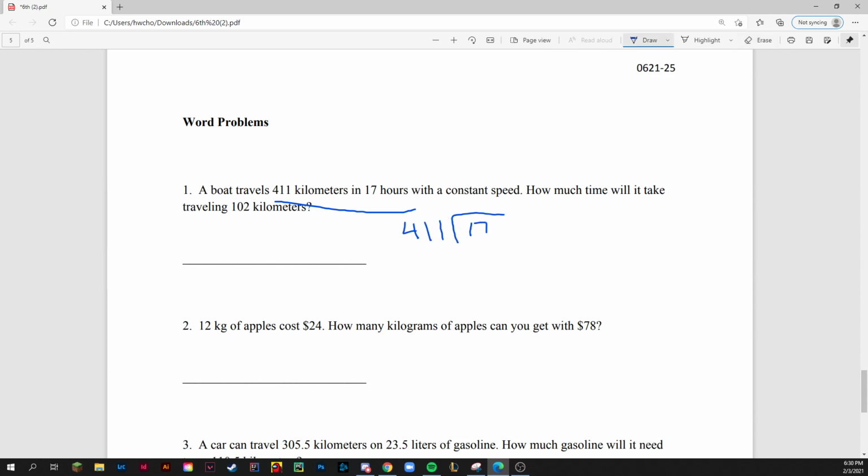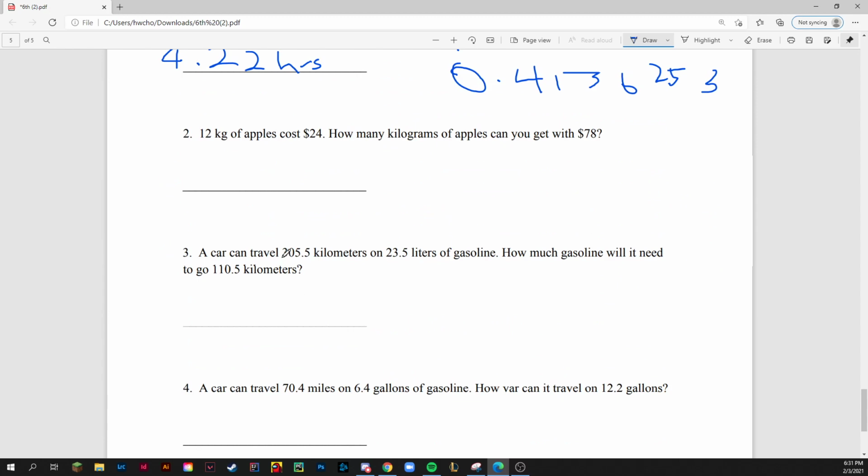You'll get some sort of decimal answer, and that is the goal. 411 right here, and you got 0.0413, and then you multiply that by 102 kilometers, so that times 102, and you get a simple answer like 4.22 hours. You only have to go to hundredths place to make it simple.